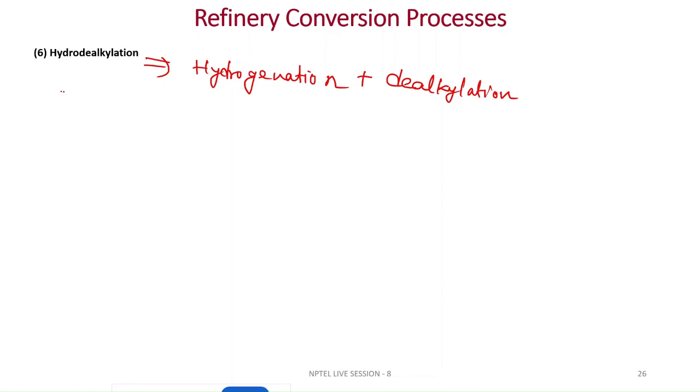For benzene we do operations of hydrogenation and then dealkylation. So there are this much of refinery conversion processes at present. We discussed almost 6 processes.